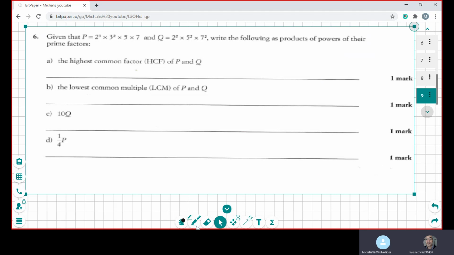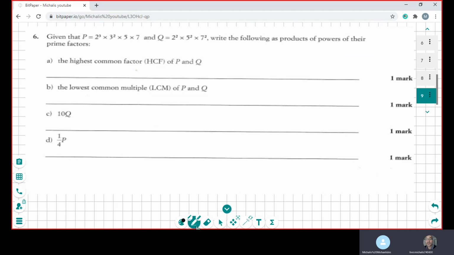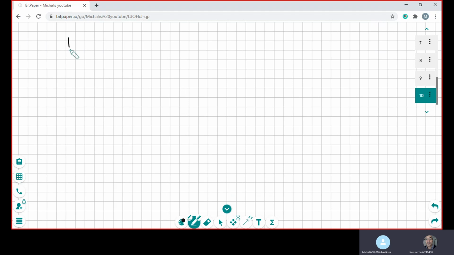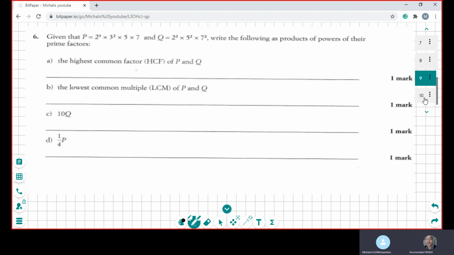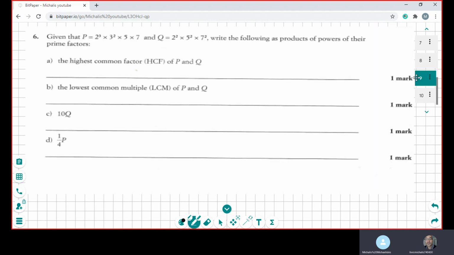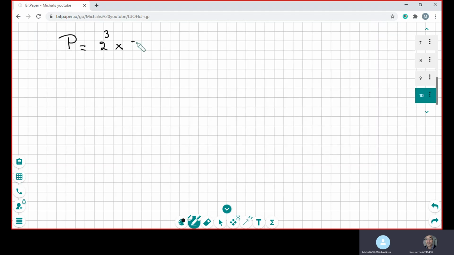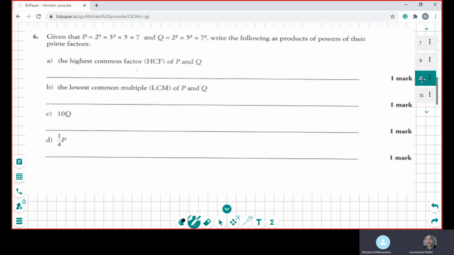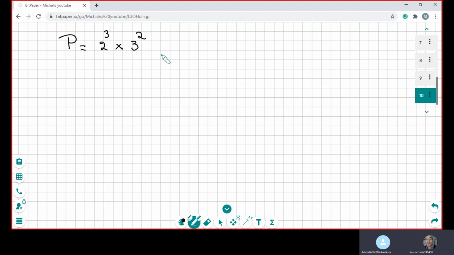And to do this, we need to remember the formula for how we choose the factors. It is good if you write the numbers separately here. P is equal to 2 to the power of 3 times 3 squared times 5 times 7.